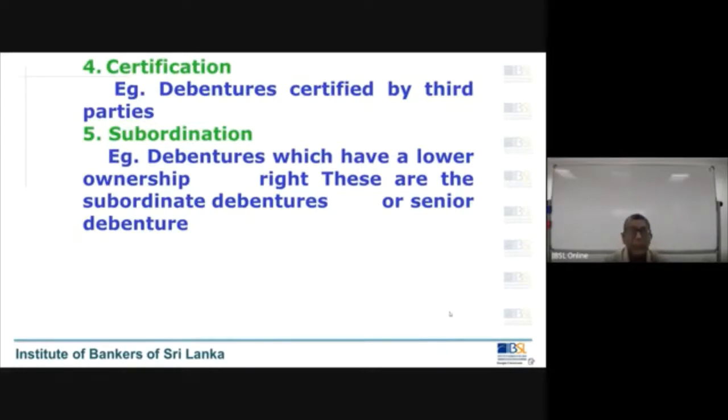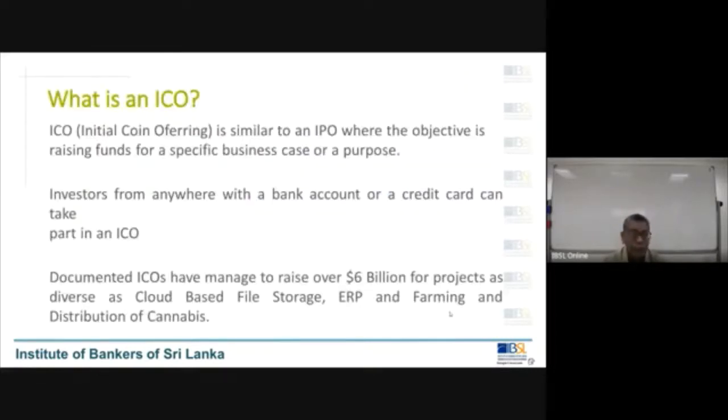So further confirmation, further certification is given by a third party, not like a bank guarantee, right? And also we have subordination. Debentures which have a lower ownership claim are the subordinate debentures, and we call the others senior debentures. So these are the characteristics of debentures.